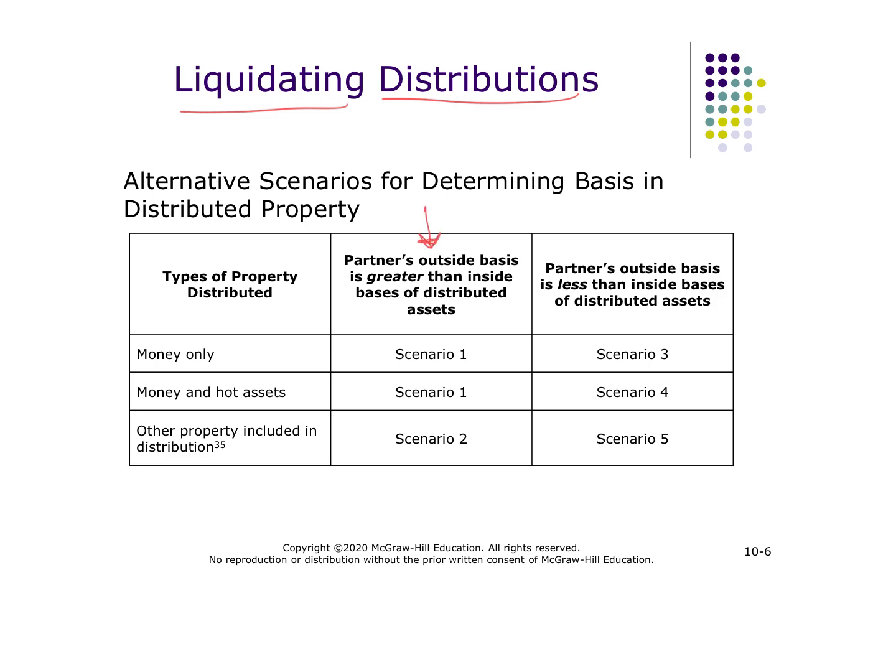If it is less than the inside basis, you have those scenarios. We are not going to go through all of them in detail, but we are going to touch on a couple.